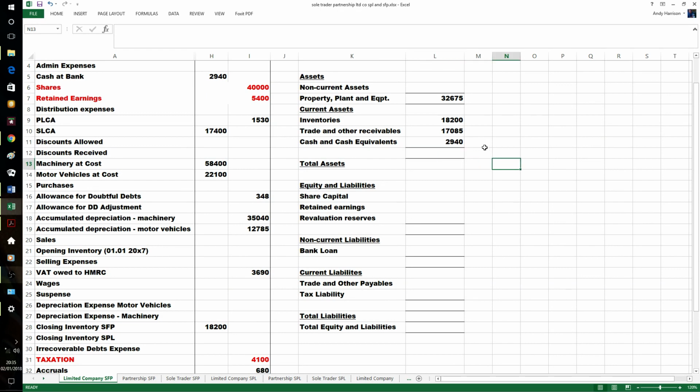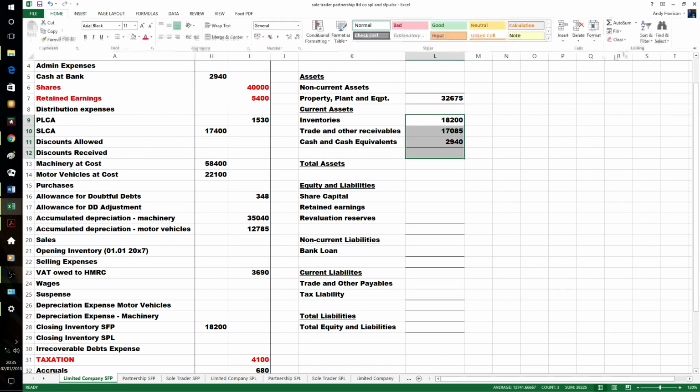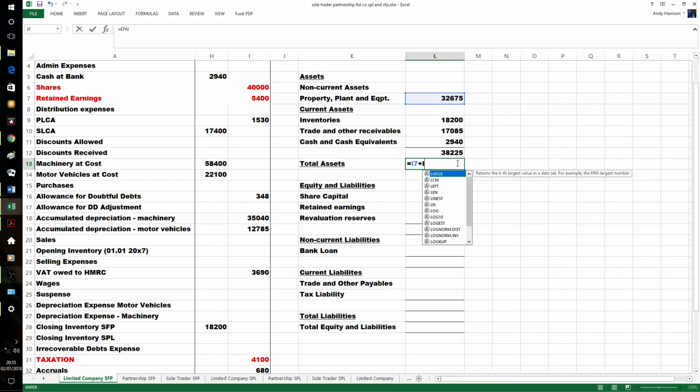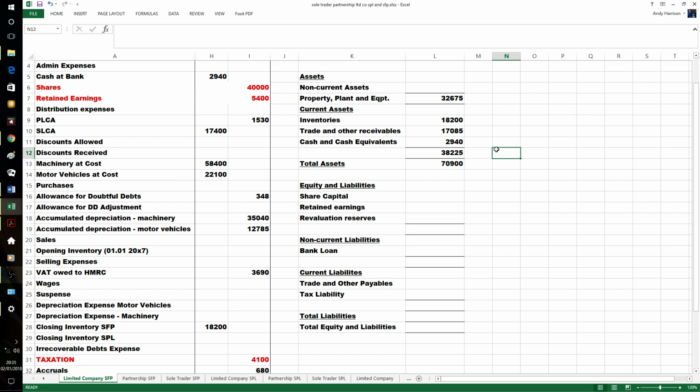Doesn't change. So our current assets will add up to 38,225, and our total assets... there's something not right there. Oh no, that's not the right number. What's gone wrong? That's H28. Oh, I've done it again. Keyboard.